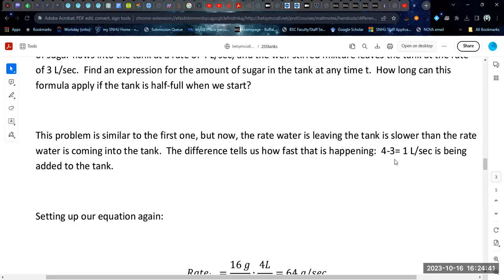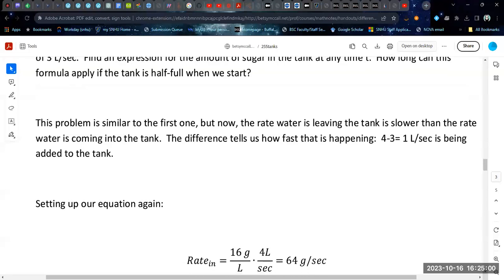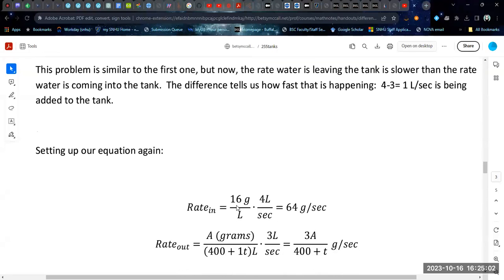Now, if it's only leaving the tank at 3 liters per second, but it's coming in at 4 liters per second, what that's telling us is that 1 liter per second is being added to the tank in terms of the total fluid. So we're going to have to take that into account when we set up our equation. Now, the rate in is going to be exactly the same as before. The rate in is the 16 grams per liter times the 4 liters per second, the 64 grams per second.